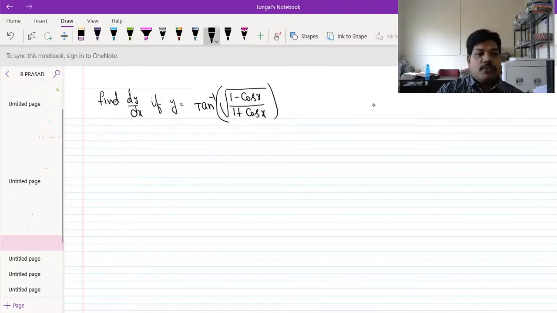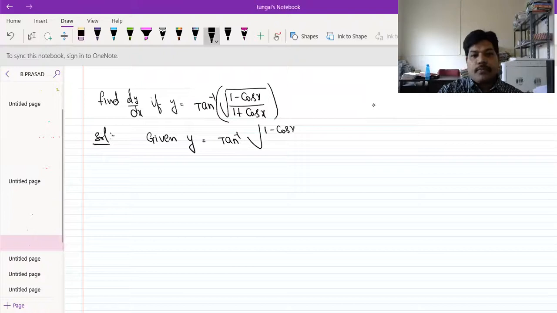So see how to solve this question, students. What function is given? Given y is equal to tan inverse of root of 1 minus cos x by 1 plus cos x. What will I do here?